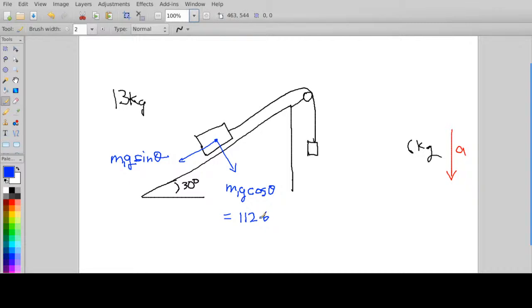All right. And the other one, sine of 30 degrees, that's one of those angles you should know, it's a half. And so this one is going to equal 65 newtons.